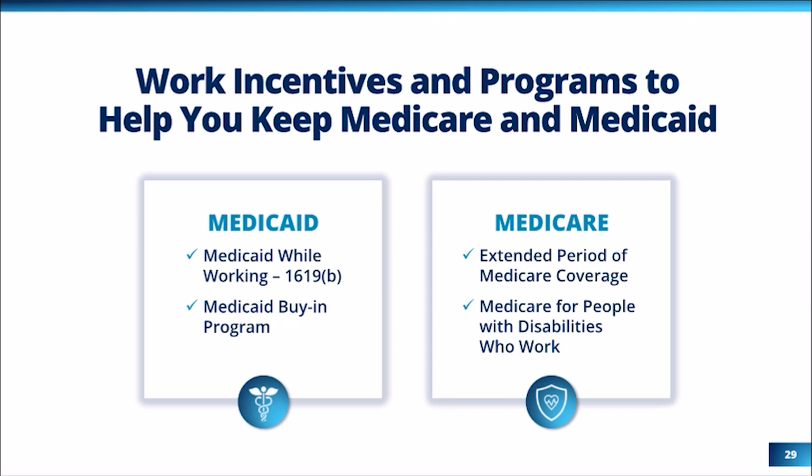You don't have to worry about losing your Medicare coverage. The trick here is that if you're not receiving a cash SSDI benefit, your premiums are going to have to be paid by you. But really, this is a great program because I can talk to people about returning to work and tell them you don't have to worry about losing your Medicare for over 7 years.